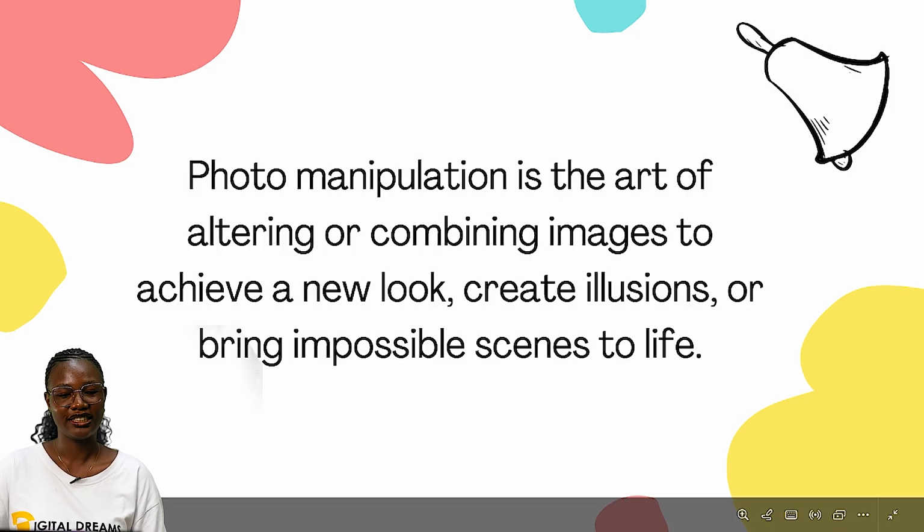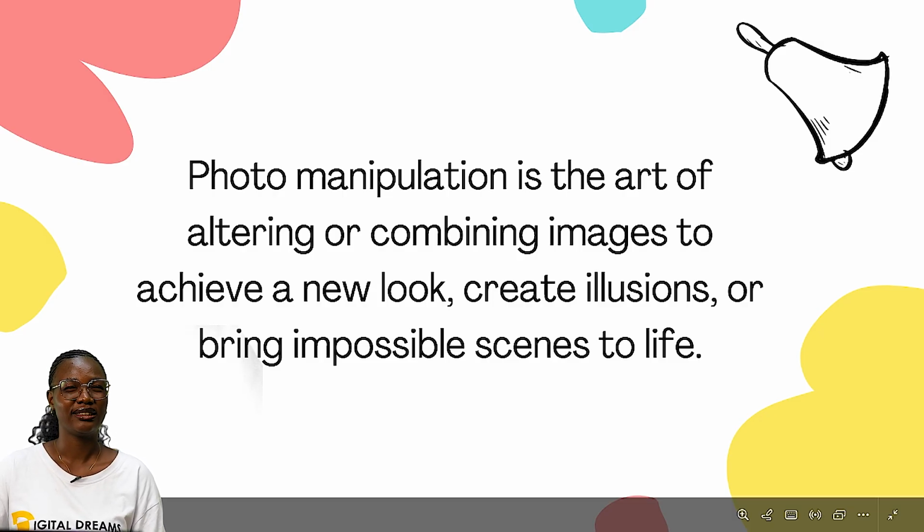Photo manipulation is the art of altering or combining images to achieve a new look, create illusion, or bring impossible scenes to life. It's basically the process whereby you combine images to achieve a particular look or to create an illusion.